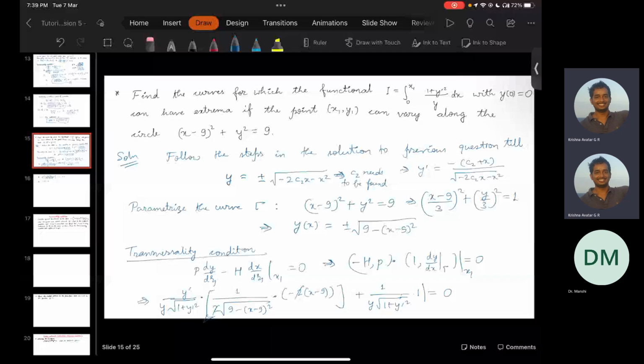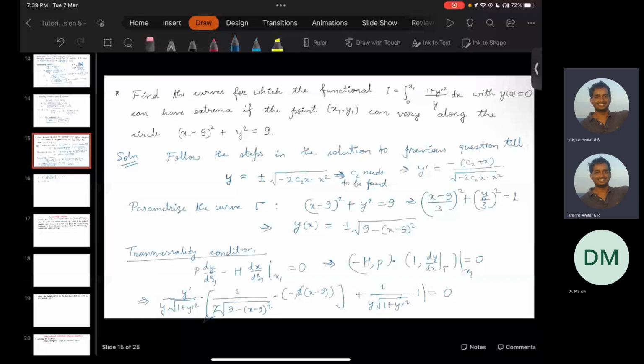Okay, so we'll have minus x minus 3 by root over 9 minus x minus 9 whole square plus 1 is equal to 0. And then what we do here is we take this minus on the other side.